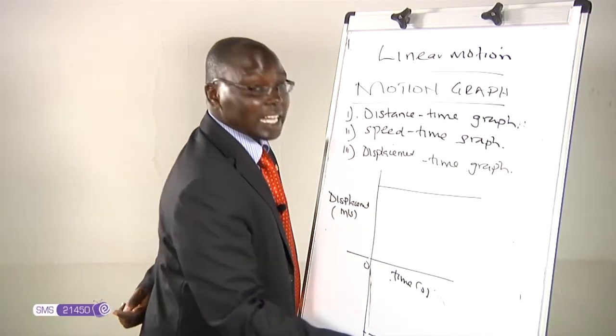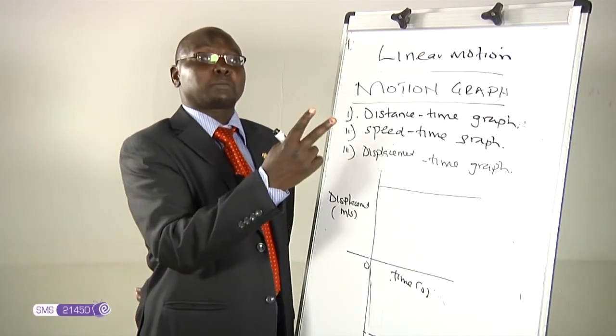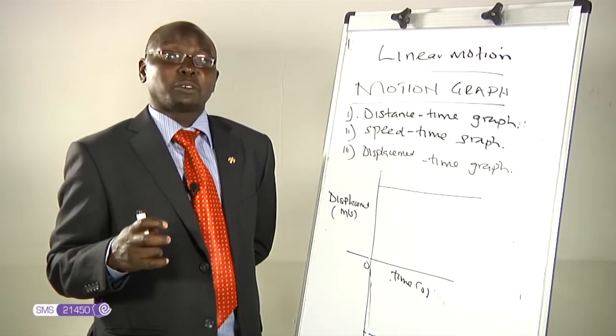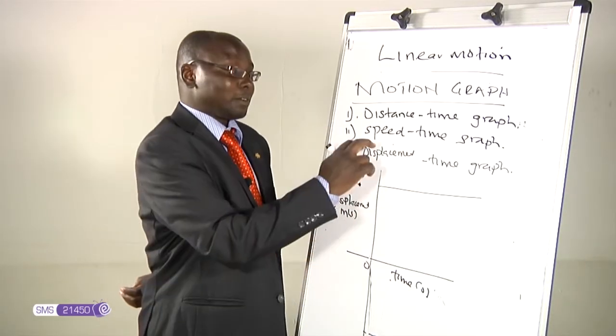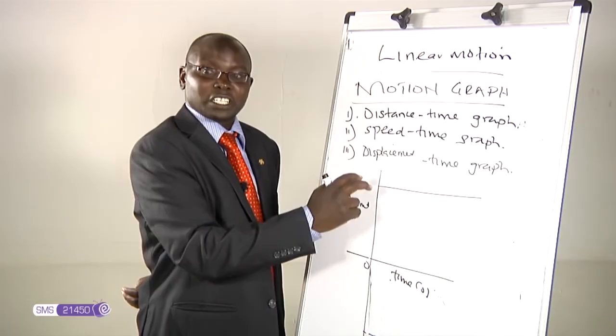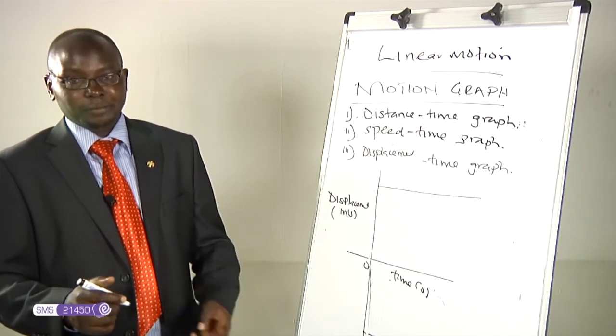Why is that? Because displacement, being a vector quantity, can be both positive or negative depending on the position of the observer. So we must show it above or below, because displacement is a vector quantity, it can be positive or negative because of the position of the observer.